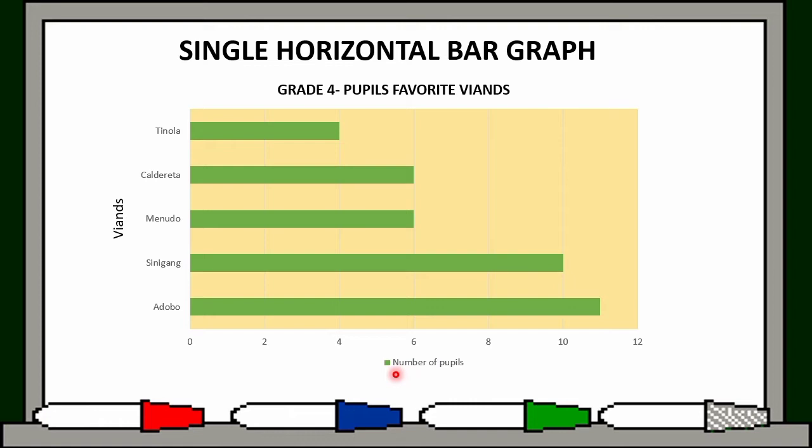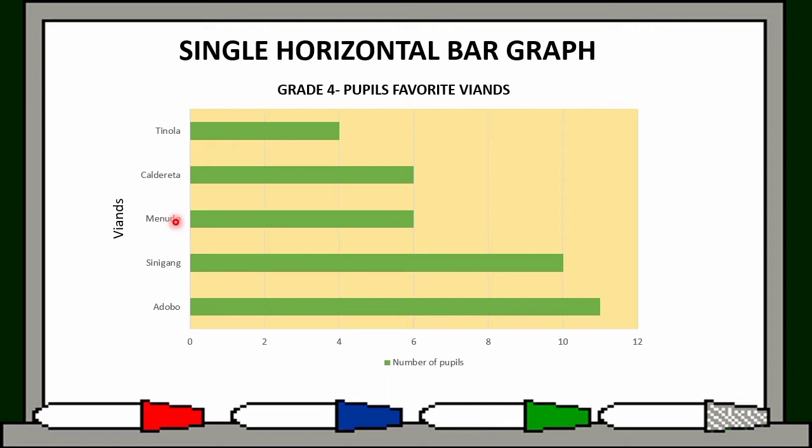On my case, ang ginamit kong legend ay color green. Okay? So, kinulayan ko ng green. Yan, 4. Yung caldereta and menudo natin, kung nare-recall mo yung details or yung data, parehas na 6 ang bumoto for the caldereta and menudo.